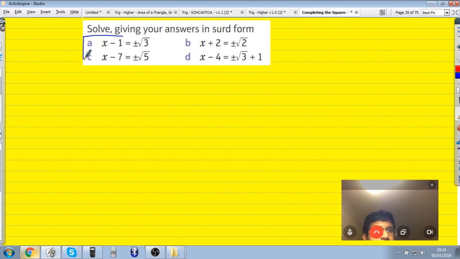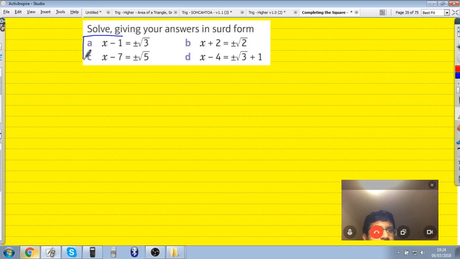So x² + 4x − 8 = 0. So (x + 2)² in a bracket, minus 2², minus 8 equals 0.